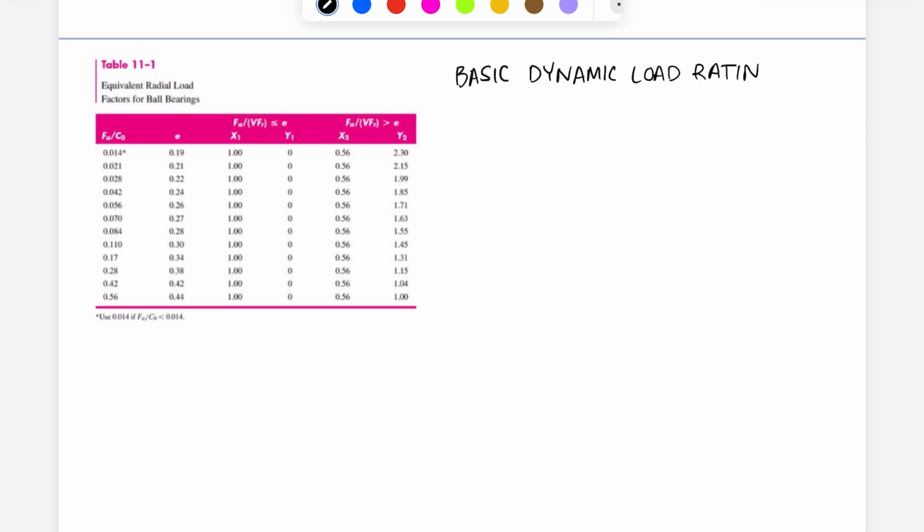And that is the radial load that corresponds to 10% of a group of bearings failing at the manufacturer's rating life. If you want to hear more about that, check out our previous videos on bearing life. And now we are defining a basic static load rating that is C0.